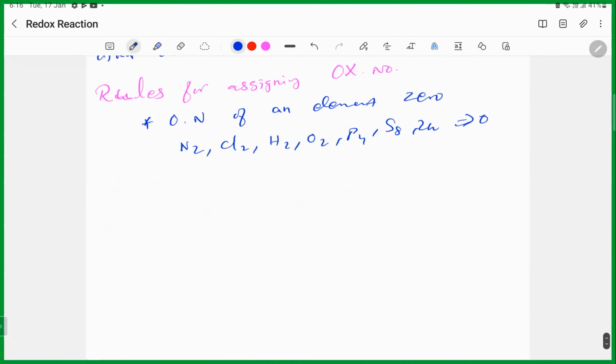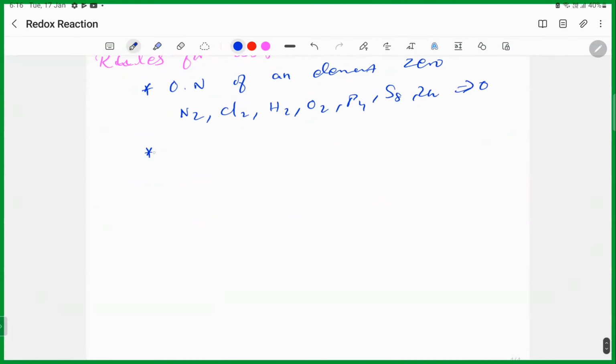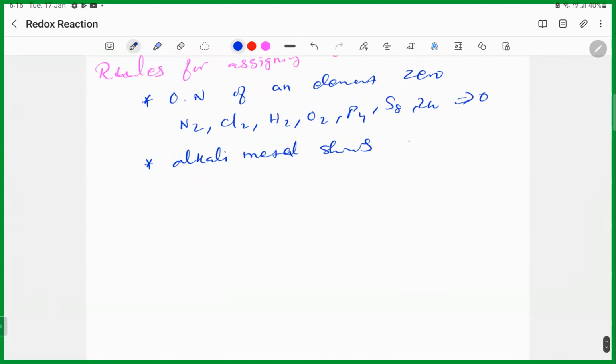And then alkali metals show +1 oxidation number. Examples: lithium, sodium, potassium, rubidium, cesium, francium.